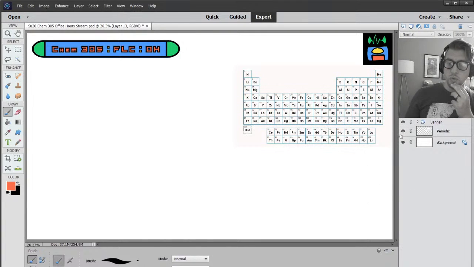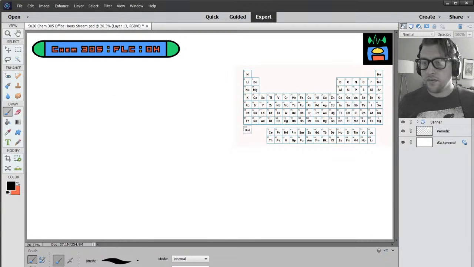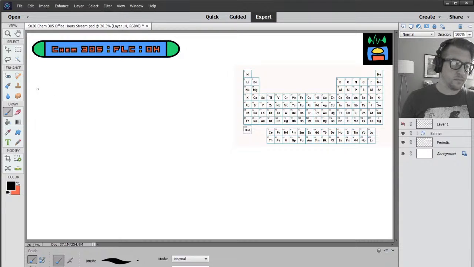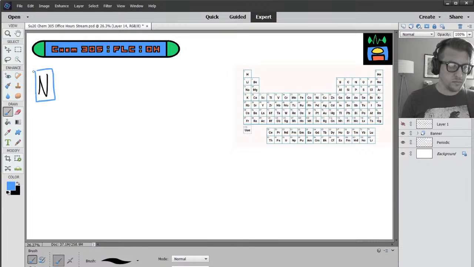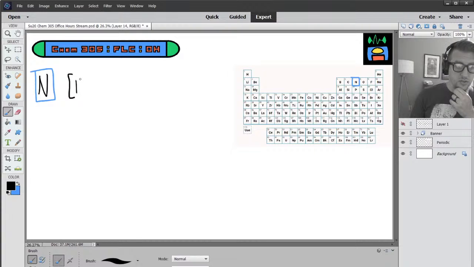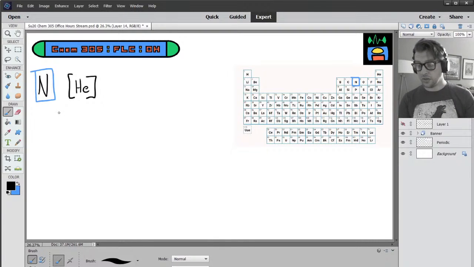One, you can look at the electron configuration, for example, for nitrogen. Nitrogen has a helium core if we're writing electron configurations with the noble gas abbreviation.